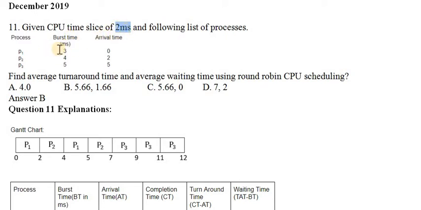If it needs 3 millisecond, after completing 2 millisecond it will keep the process in the queue, and next P2 comes, it will perform for 2 millisecond, then keep the rest in the queue. Like that it will do. That is a very interesting algorithm. So here is what you have to do.